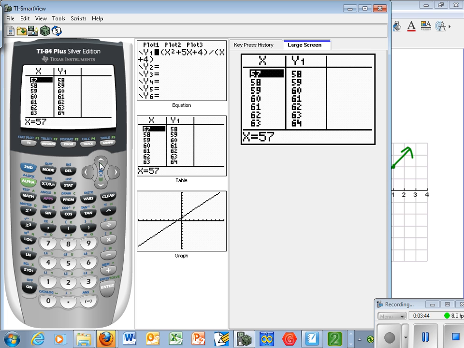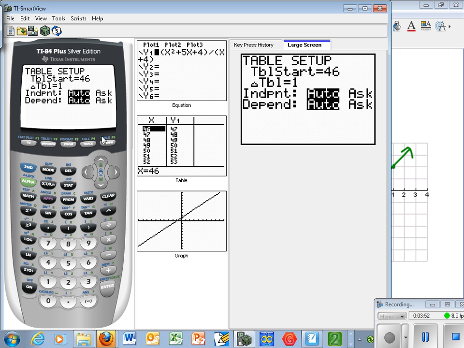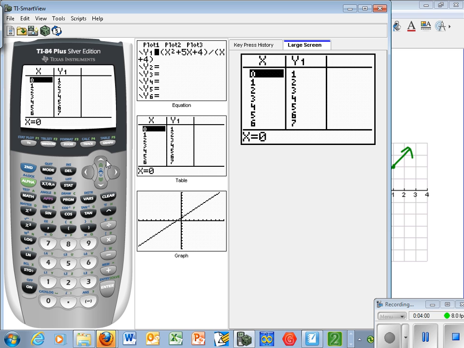I've got to scroll. I'm still up in the 50s here, so I want to scroll back down. By the way, a quick way to get to 0, if you go to table set and you want to start, put 0 in there, that'll get it back to 0 because I was at 46. So now if I go back to table, instead of scrolling all the way back down, notice at negative 4 it tells me an error right there.